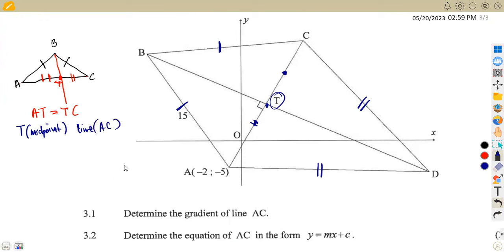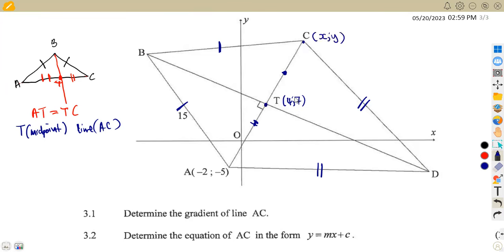So if T is the midpoint of line AC, how can we now determine the point C? Remember, before we calculated this point T, we got 4, 7. If you still remember from that calculation that we made from the equations, we had the point T. So now we want to calculate the point C, which we do not know in this case.